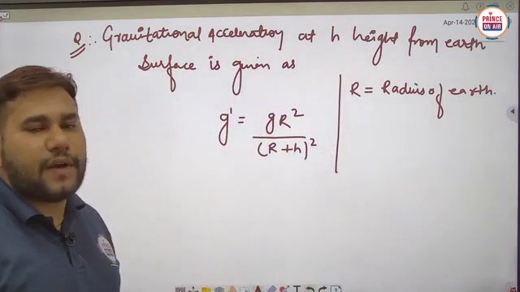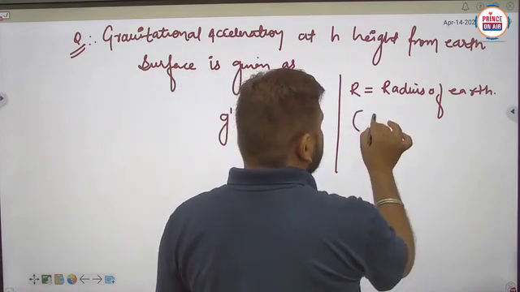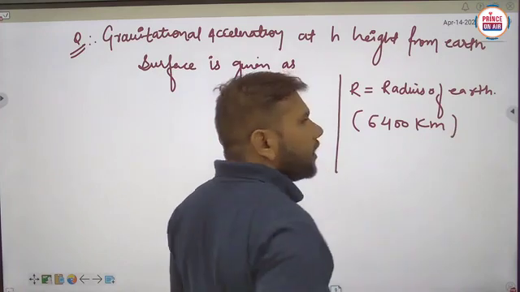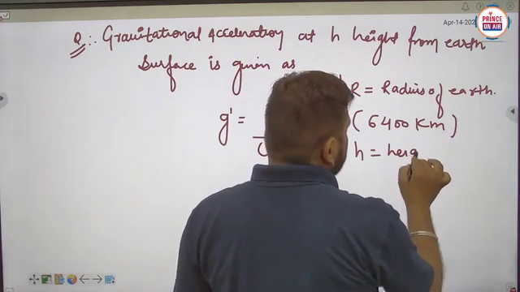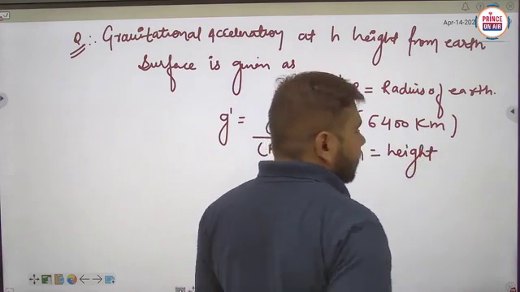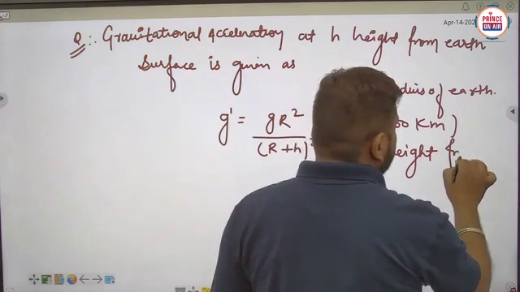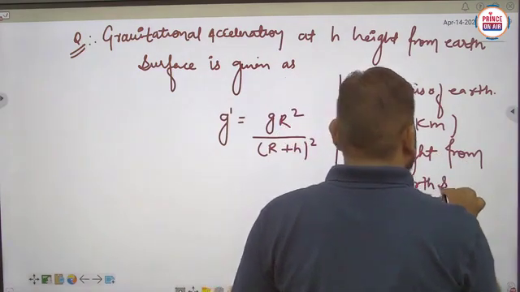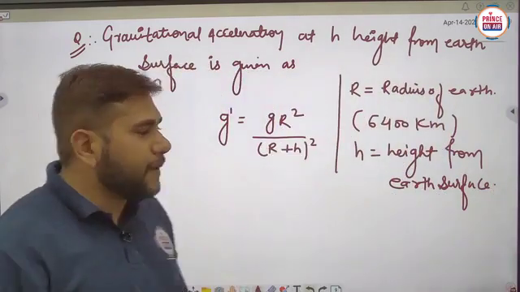You know what is the value of the radius of Earth? It is 6400 kilometer. Okay, beta. And h is the height from Earth surface. Clear to all of you, beta?